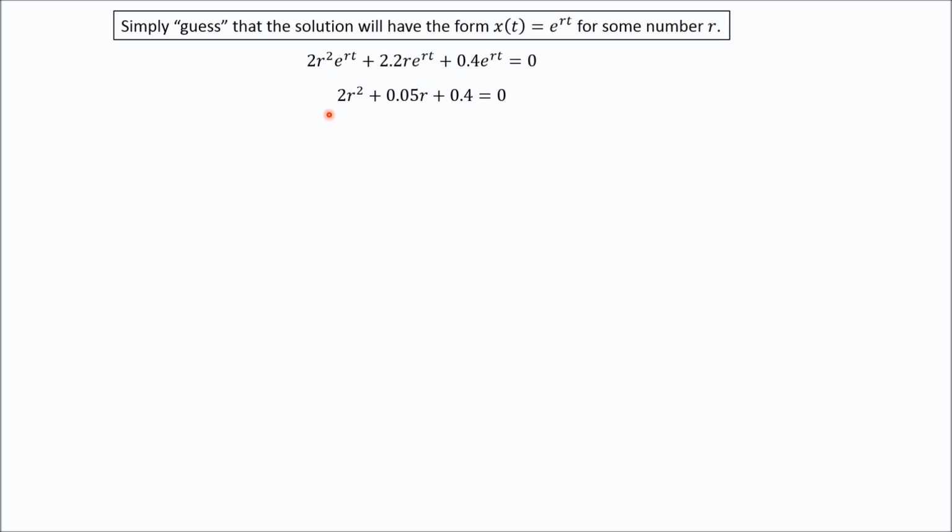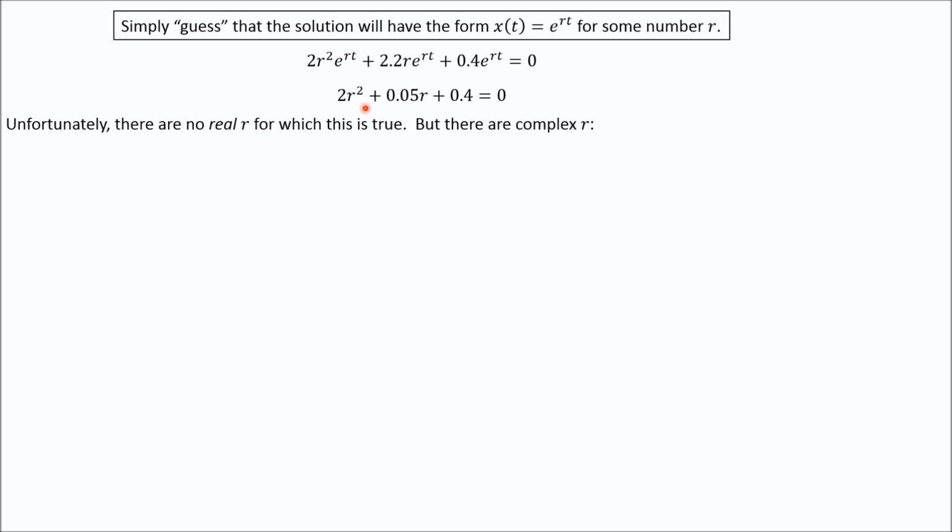So just to be clear, you start with a differential equation. It was 2x prime prime plus 0.05 x prime plus 0.4x equals 0, and we transform it into an algebraic equation in terms of this number r.